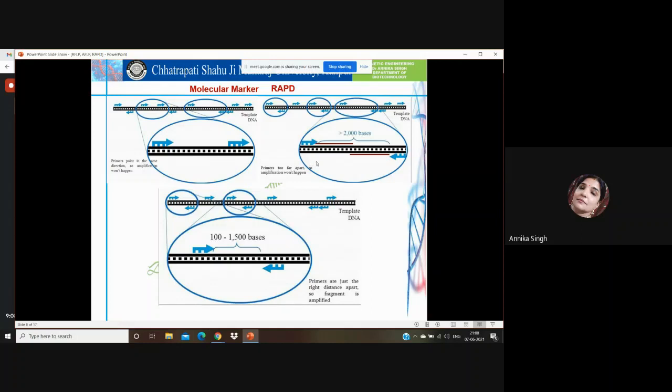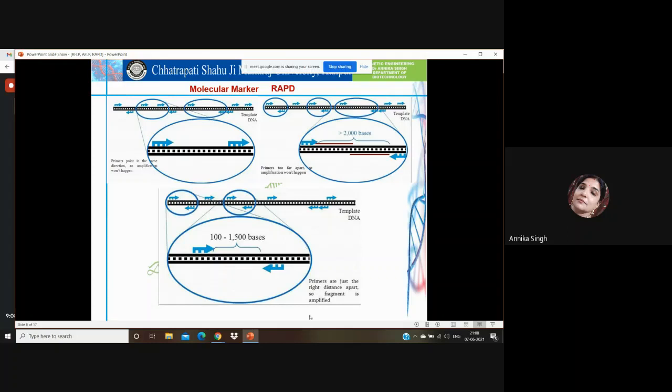Okay. So similarly, in this case, these primers are present in the opposite direction, but they are too far from each other. So if the distance is more than 2000 bases, the amplification of this fragment is actually very rare, and the desired amount of amplification will not happen.